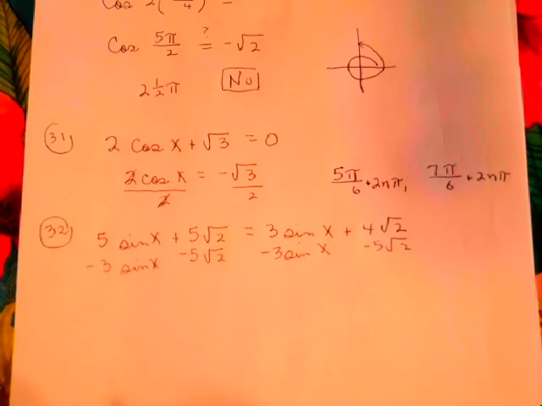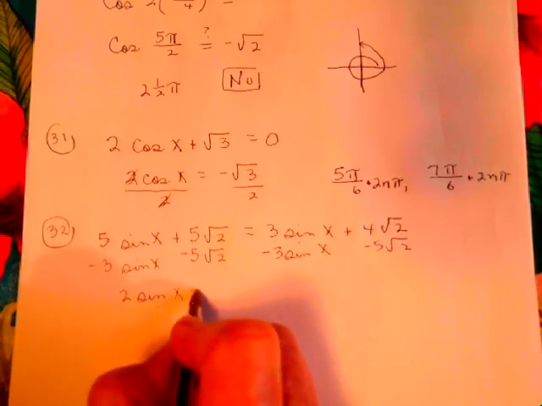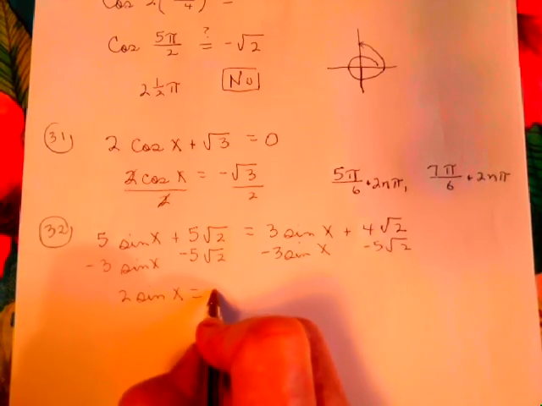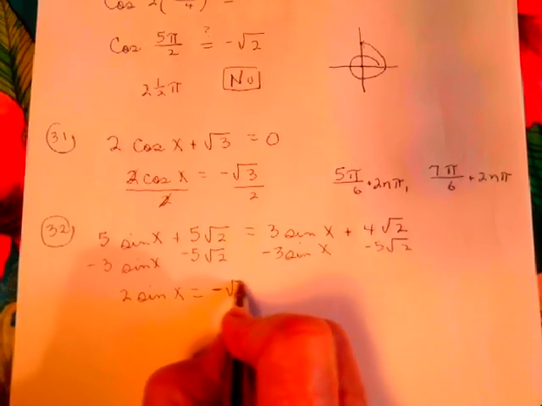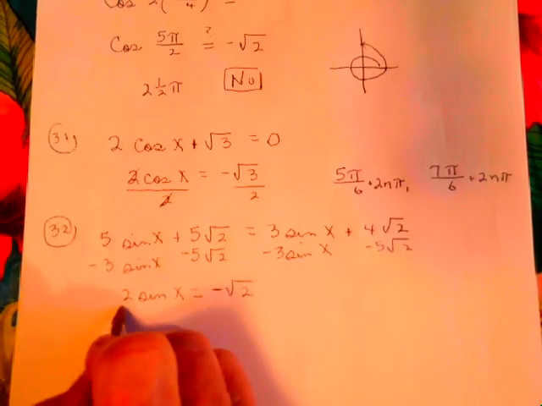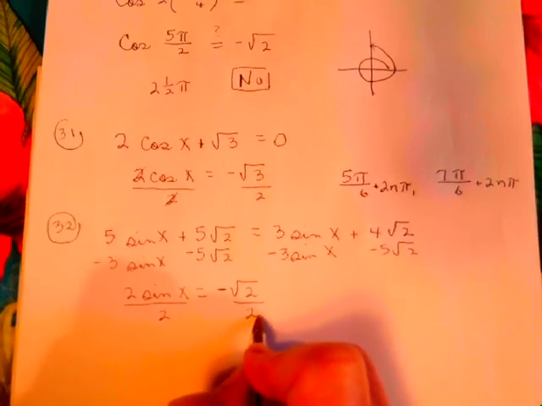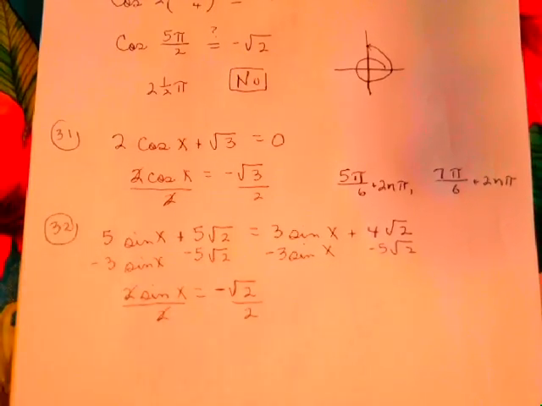You will have 2 sine of x equals negative square root of 2. Divide both sides by 2. Now, I am asking you, what angles have a sine of negative square root of 2 over 2?